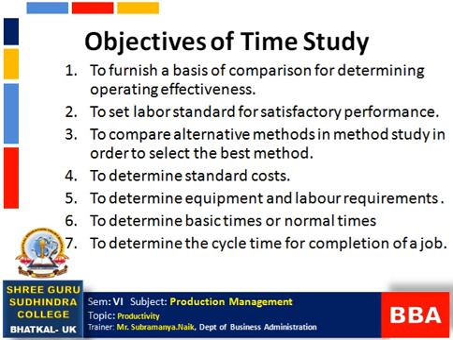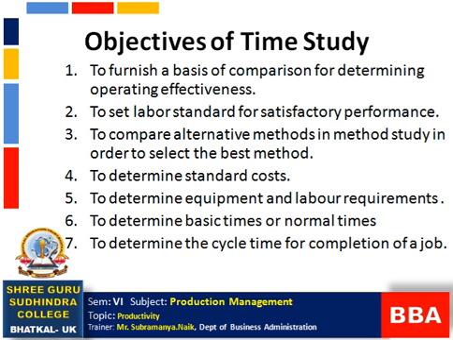Fifth one is to determine equipment and labor requirements. Time study is very helpful to determine what different equipment is required and what requirements are necessary for the labor. Sixth one is to determine basic time or normal time. Every industry should first of all prepare a time schedule: how many workers are working in each department and how much time has been taken by each worker to complete a unit of work in a particular department.